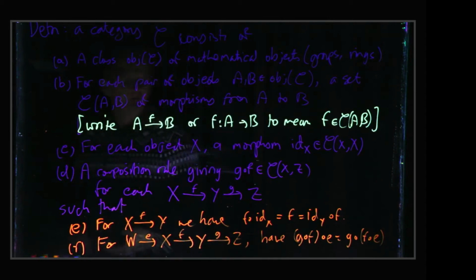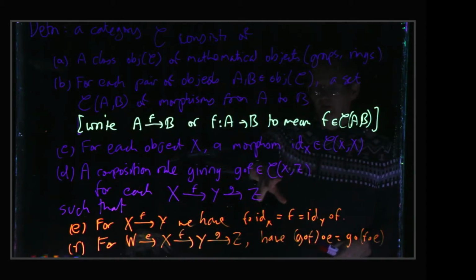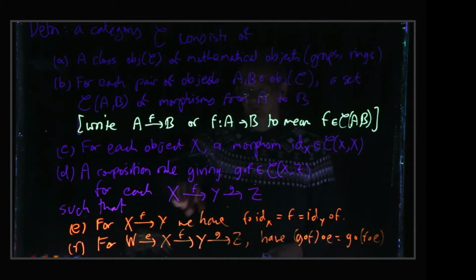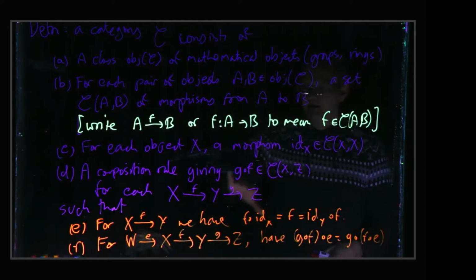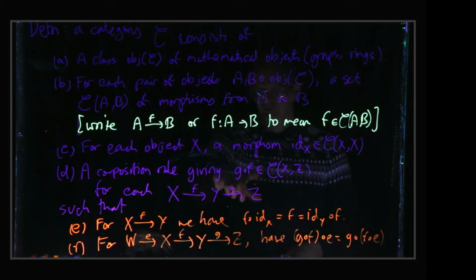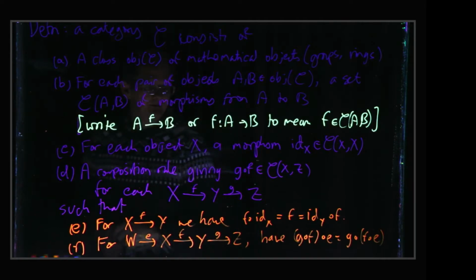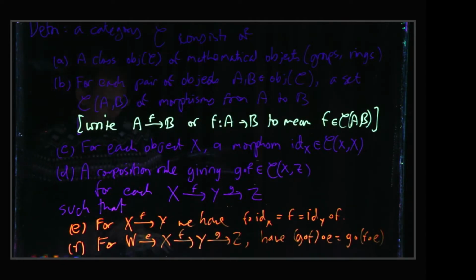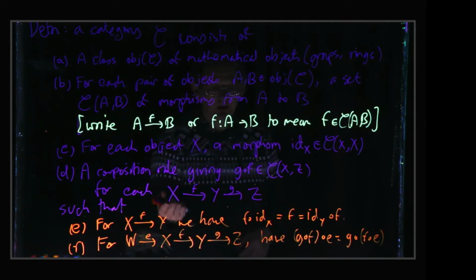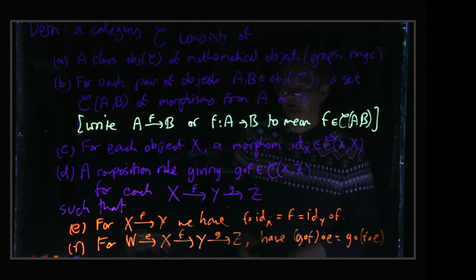And then for ingredient D, we're supposed to have a composition rule, and so if you've got group homomorphisms, X, Y, and Z are groups, and f's a homomorphism from X to Y, and g's a homomorphism from Y to Z, then you can just compose the functions to get a function g composed with f from X to Z, and then it's just like a very simple lemma that the composite of two group homomorphisms is a group homomorphism, so that g composed with f, we can regard it as a morphism in the category of groups.